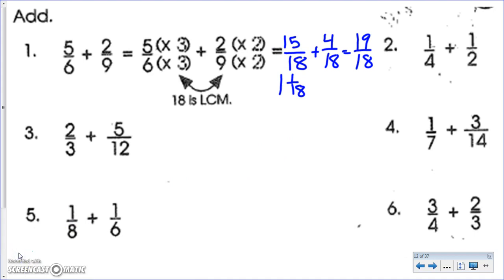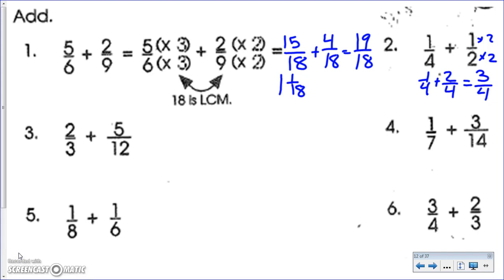For 2, we have 1/4 and 1/2, and we know 4 is the least common multiple, so we can leave 1/4 as it is, and then we're going to multiply 1/2 by 2 on the top and the bottom. Then we get 1/4 plus 2/4 equals 3/4, and that is in simplest form, so we can't make it any smaller.